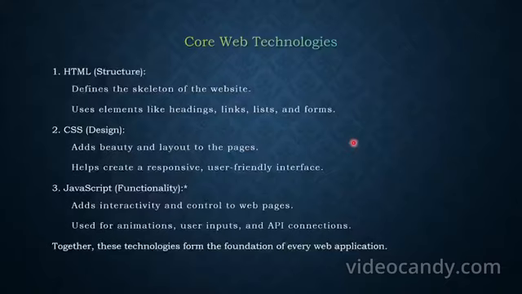Next, CSS, which provides design, layout, and responsiveness using Flexbox, Grid, and media queries. CSS stands for cascading style sheets. And JavaScript adds interactivity, dynamic behavior, and the ability to work with APIs. Together, these three technologies form the backbone of all web development.